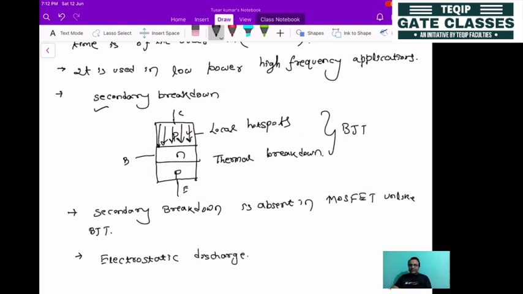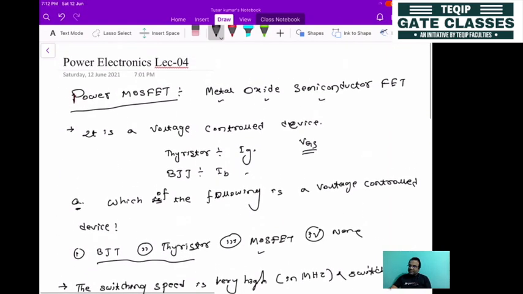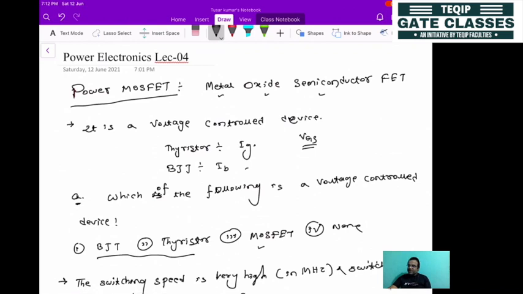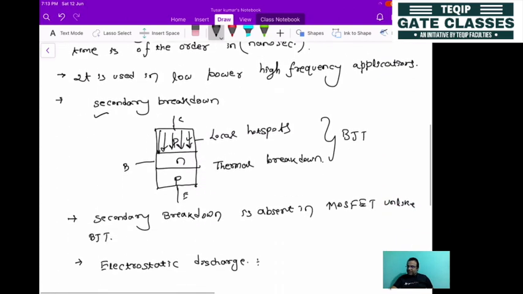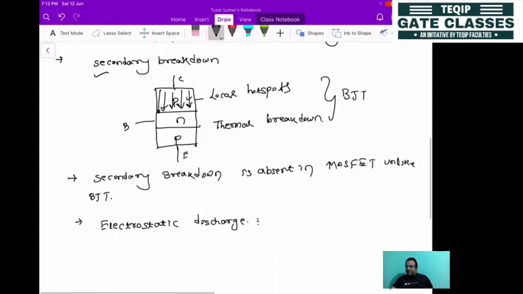Electrostatic discharge means you are using one oxide. If you see the name itself, it is called metal oxide semiconductor. So you are using an oxide layer here, particularly silicon dioxide. This oxide layer will be connected to the gate terminal. So if you keep increasing the voltage, this oxide failure may occur. That is what is called electrostatic discharge of the oxide layer.